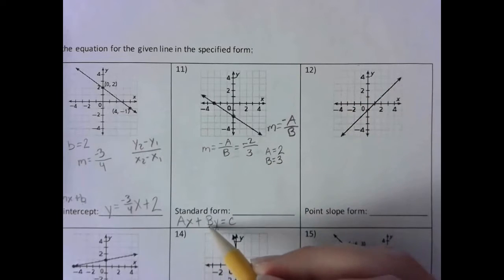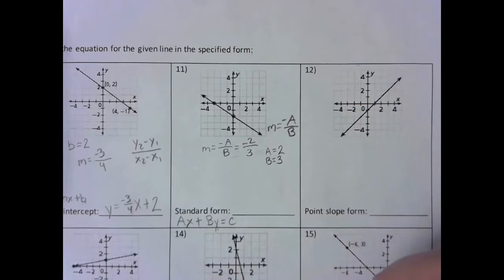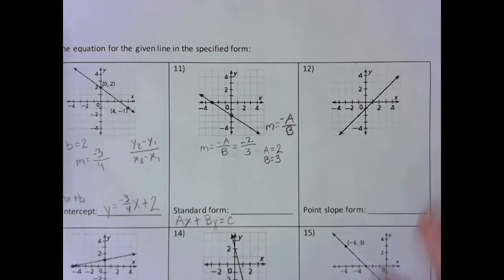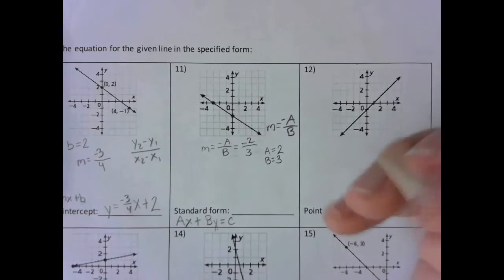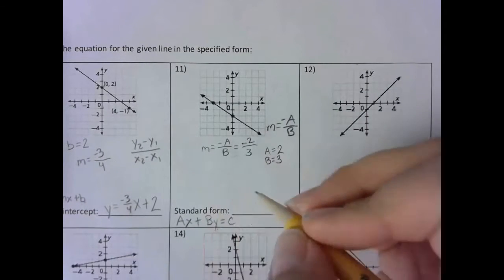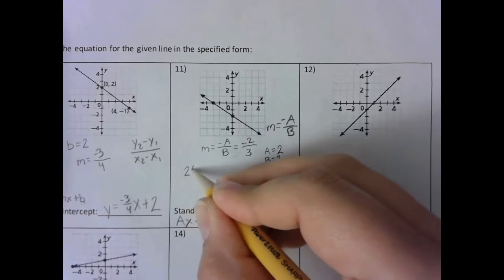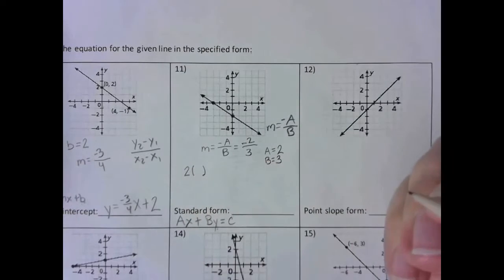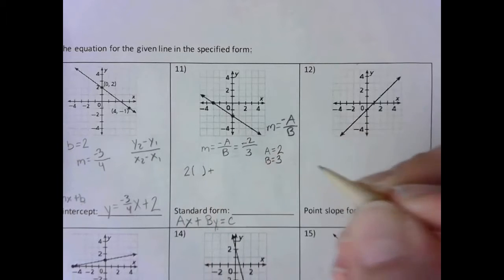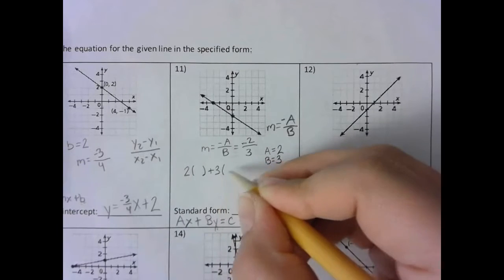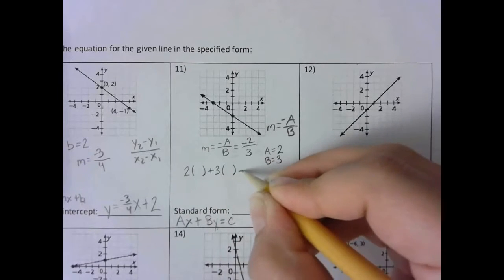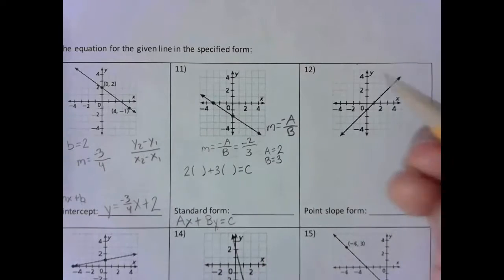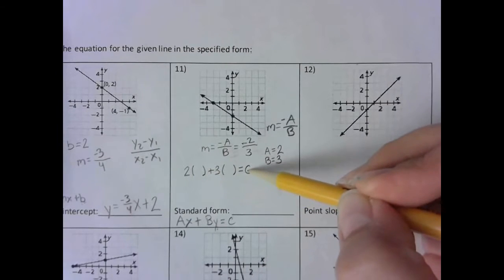Awesome, we got our a, we got our b, we just need to find c. Well, to do that, let's plug in what we know. We know a is 2, so we have 2 times some sort of x, plus b, which we said is 3, times some sort of y, equals c. So that's what we know, a, b, and we're trying to find c.